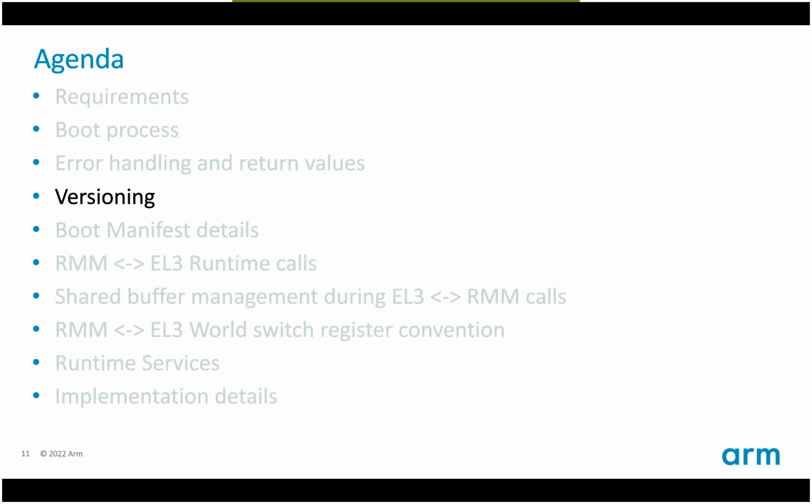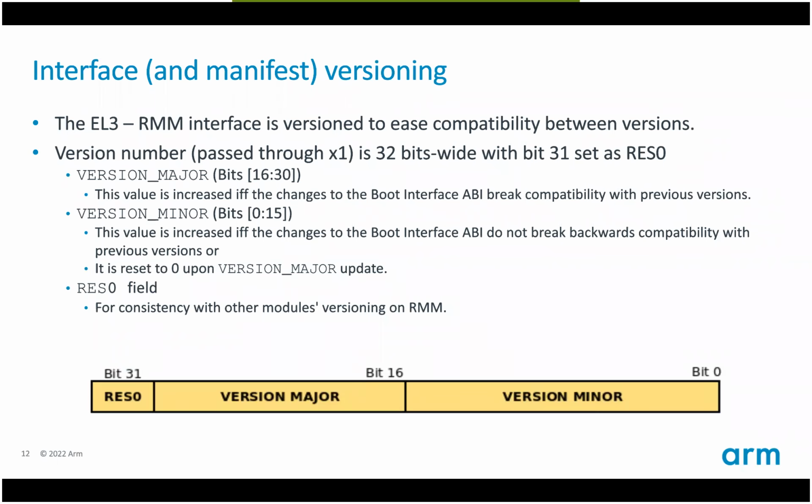Okay. So the next part is versioning. This is actually very simple. The EL3 and RMM interface is versioned in order to facilitate compatibility between EL3 firmware and RMM. The version number is passed through register X1 during cold boot, and is 32 bits wide with bit 31 reserved as 0. The version is composed of two fields.